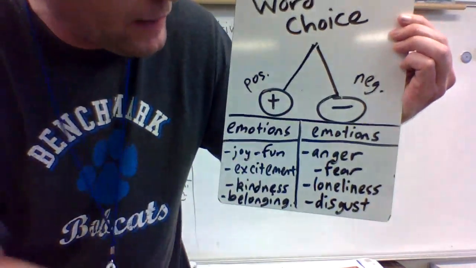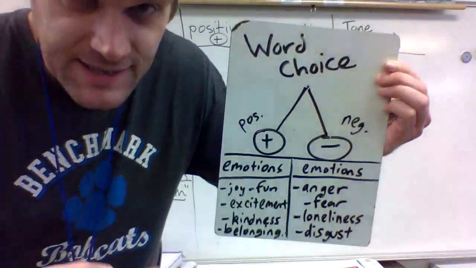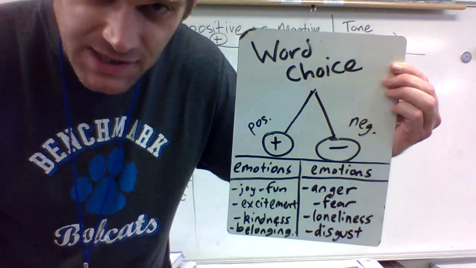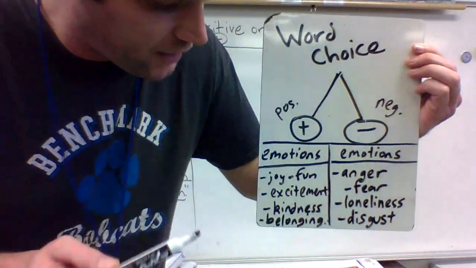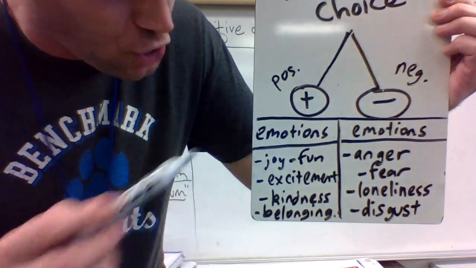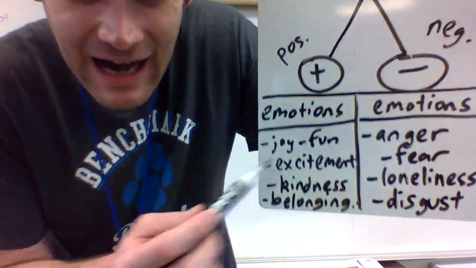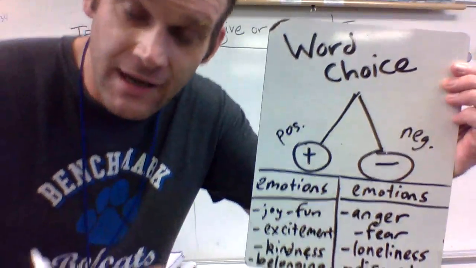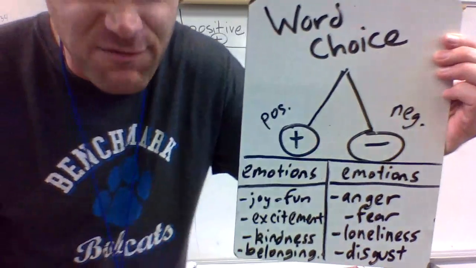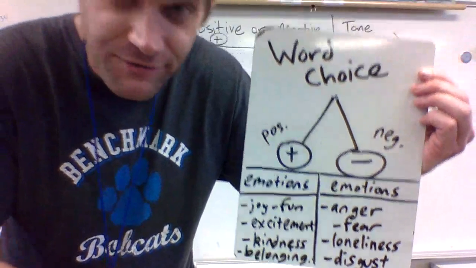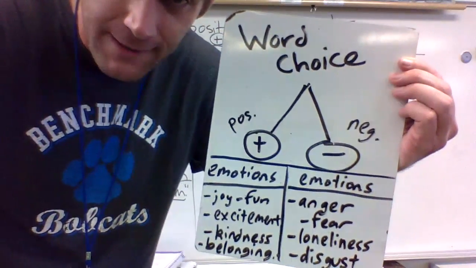Now let's assume that we picked a word that has a positive association. We can invoke emotions such as joy, fun, excitement, kindness, or a feeling of belonging, okay? A sense of purpose. These are all positive and good emotions, right?